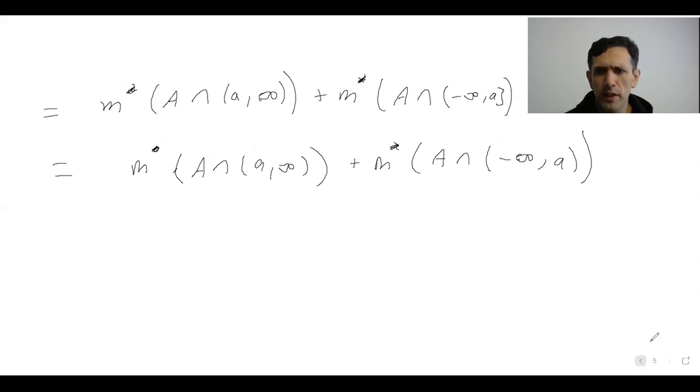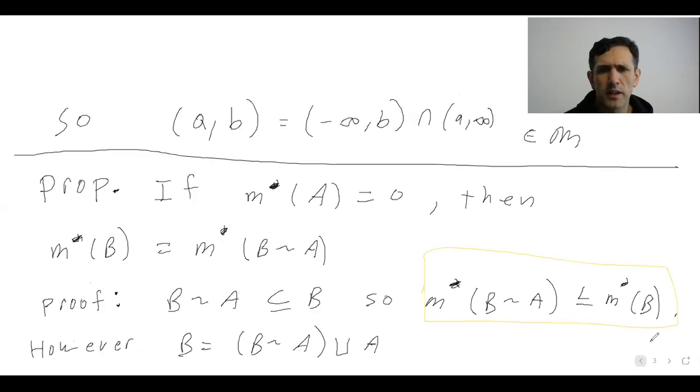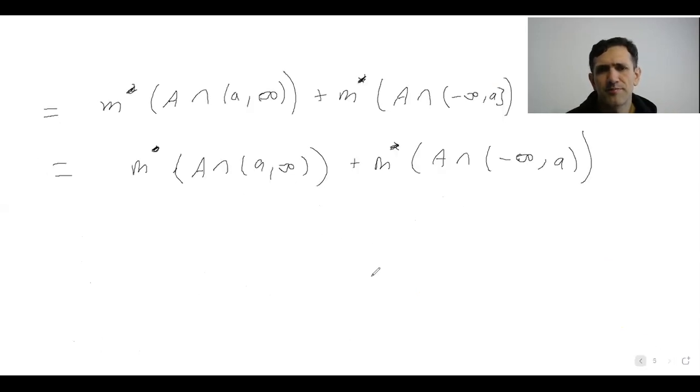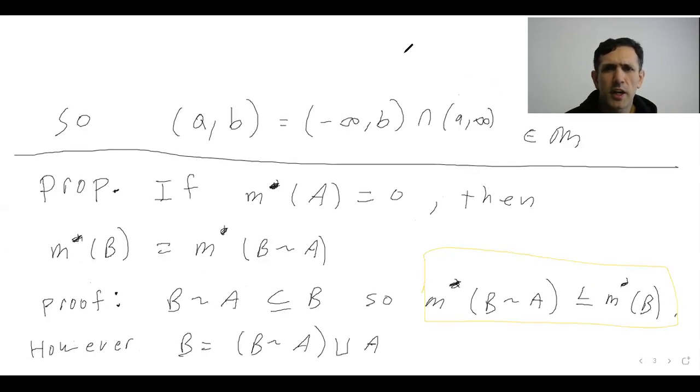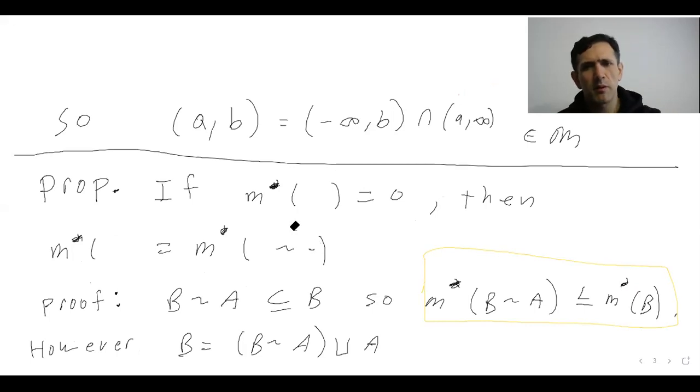Again, I'm just using the fact that a single point has zero measure, so I can excise a single point. Maybe A's and B's are unfortunate notation; I could change it to X's and Y's, but I won't do that.